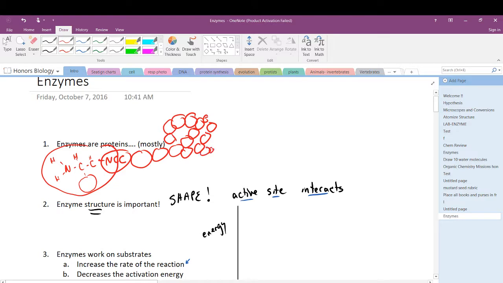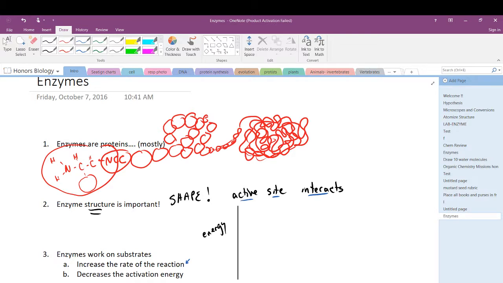If I extend this and make it smaller, we get a ribbon of these amino acids. And as they fold and turn and twist, they create this elaborate three-dimensional shape, and it's held together because of those bonds. If I keep doing this, you're going to have some areas where you've got the polar sections that have the partial charge, and then you have a non-polar section.